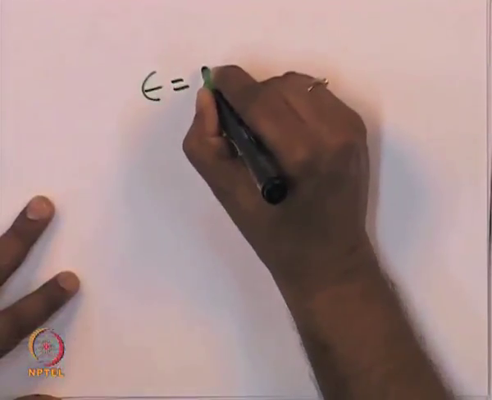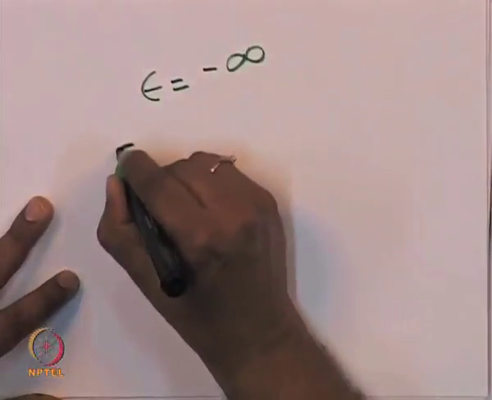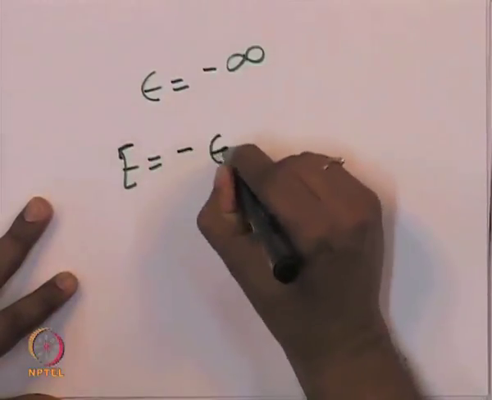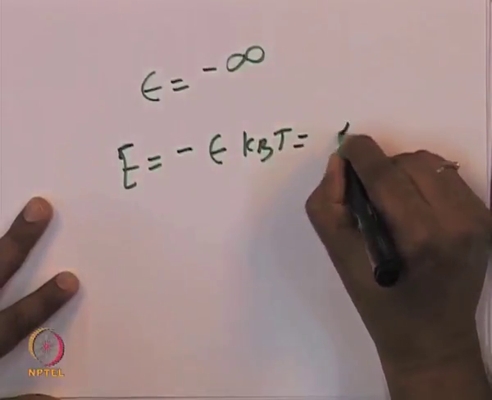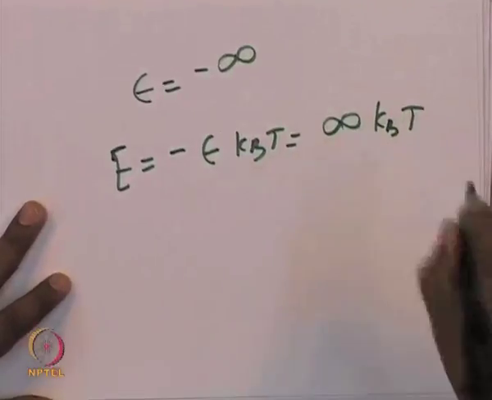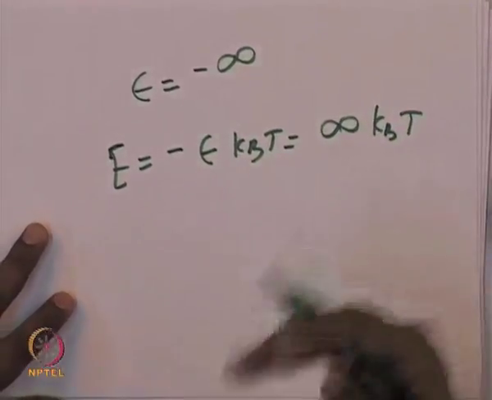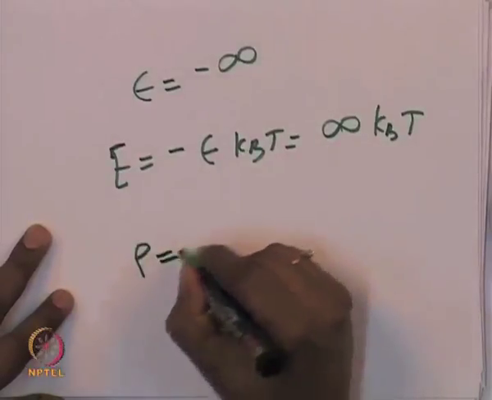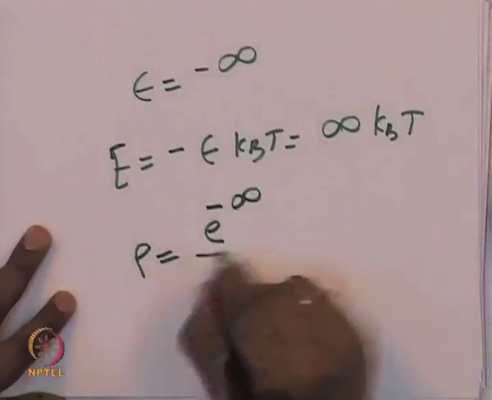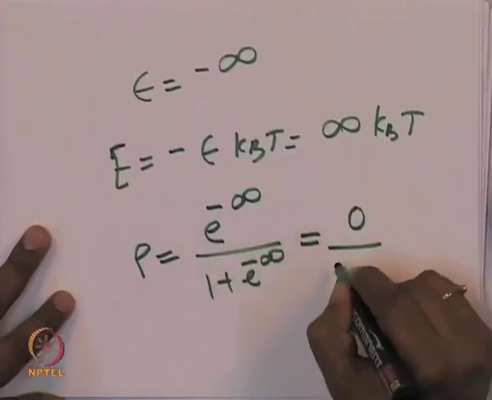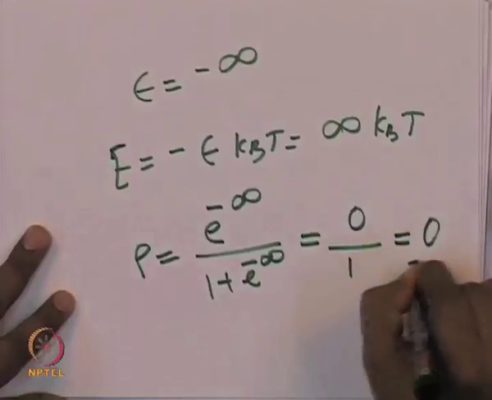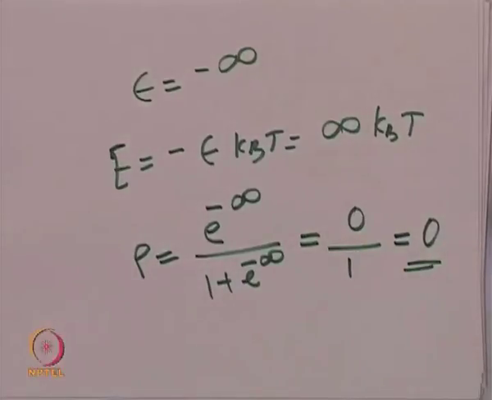Then rho will be e power minus infinity divided by 1 plus e power minus infinity, which is 0 by 1 plus 0, which is 0. So, if the binding energy is infinity, no proteins will be bound.